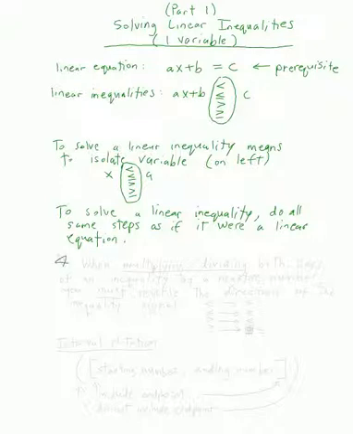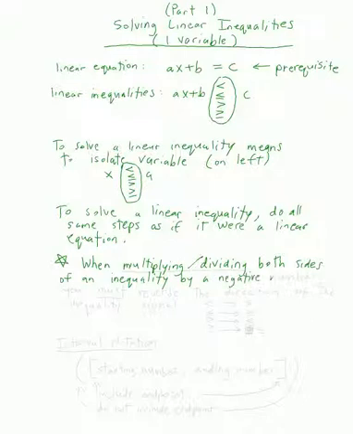The one thing you need to notice is that when multiplying or dividing both sides of an inequality by a negative number, you must reverse the direction of the inequality symbol.